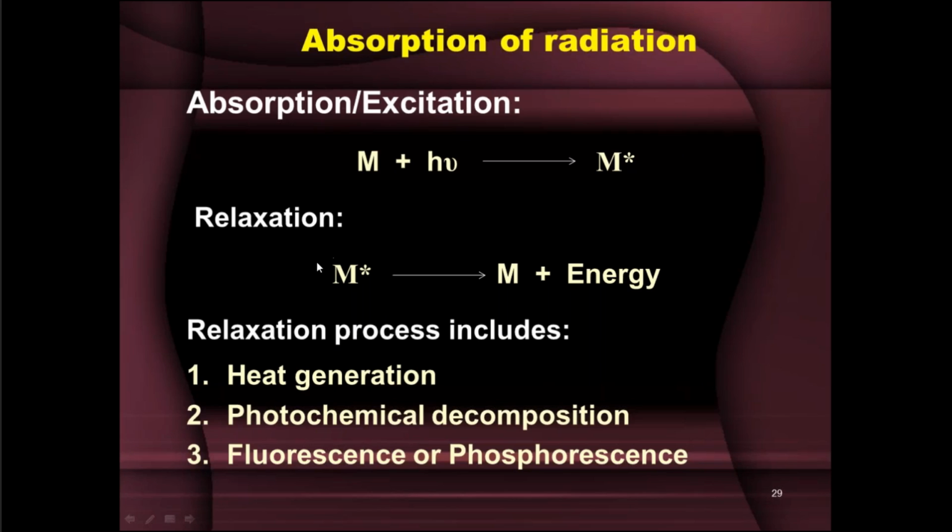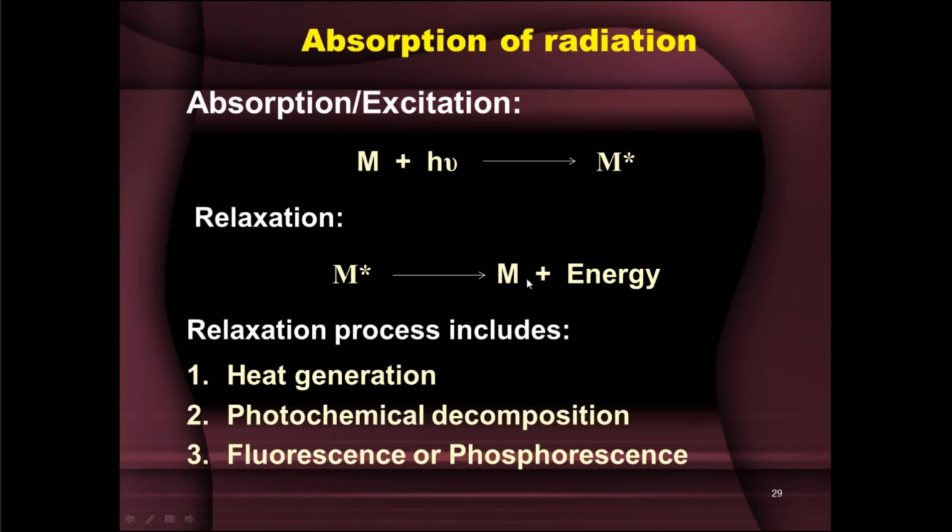That is, M star, when it has excess energy, could use this excess energy to undergo a decomposition process. That is, chemical decomposition of M may take place using that extra energy.